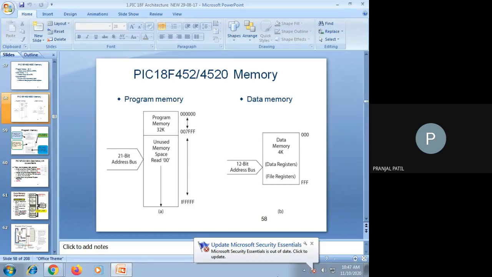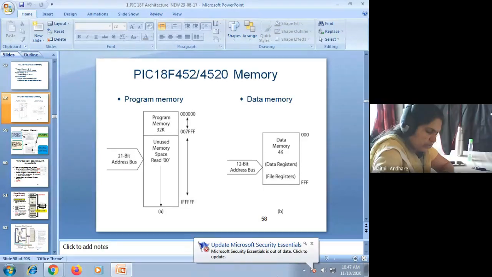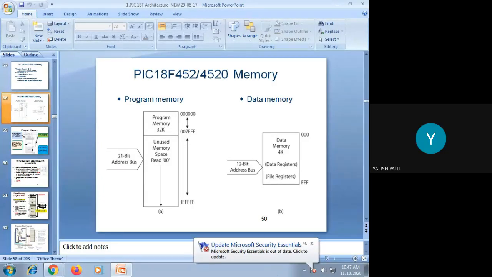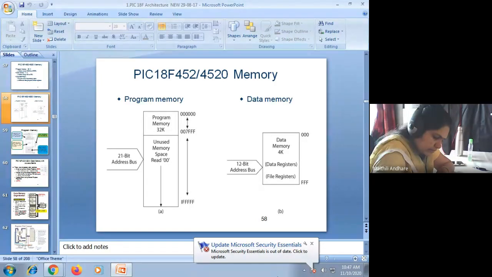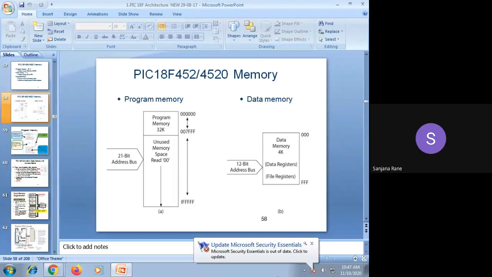Present, ma'am. 41, Present, ma'am. 42, Present, ma'am. 43, 43, 44, Present, ma'am. 45, Present, ma'am. 46, 47, Present, ma'am. 48, Present, 49, ma'am.